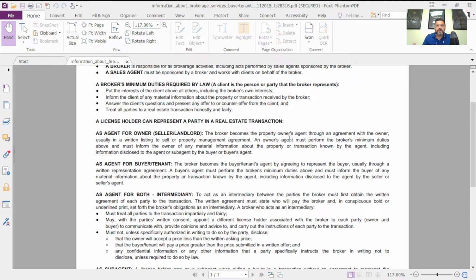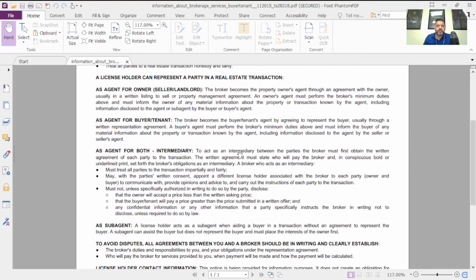And typically, you fill in an agreement in writing, which is the listing agreement. The second one is working as an agent for the buyer or tenant. And there's also an agreement. It's a buyer's representation agreement and or tenant representation agreement.